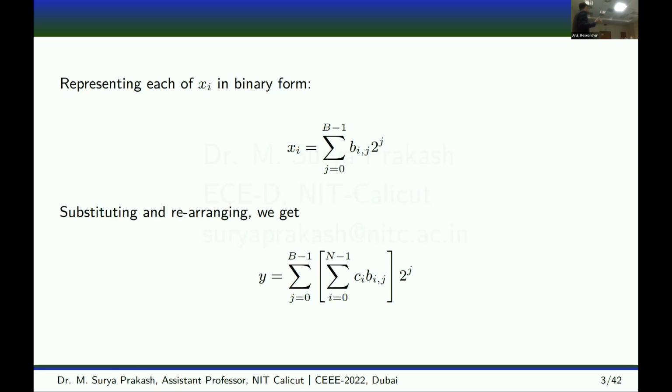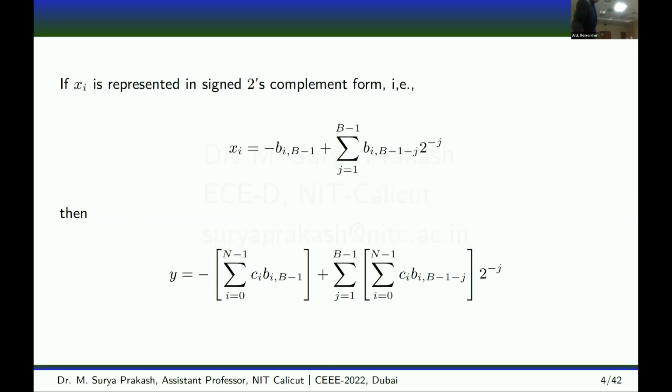In the process, we are eliminating the usage of hardware multipliers, and that can lead to savings in terms of power consumption and also area consumption. Earlier we considered representation of Xi in binary form.